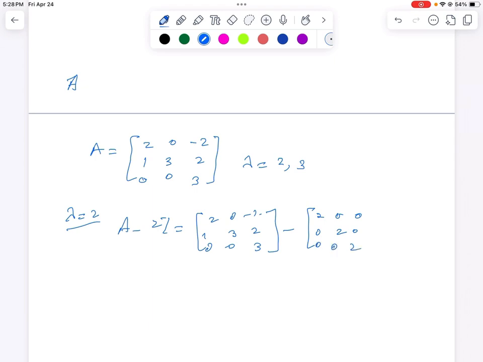Now carefully subtract. 2 minus 2 gives 0 in the first place, then 0 minus 0 is 0, then 0 minus 2 gives negative 2. Second row: 1 minus 0 is 1, 3 minus 2 is 1, 2 minus 0 is 2. Third row: 0 minus 0, 0 minus 0, and then 3 minus 2.